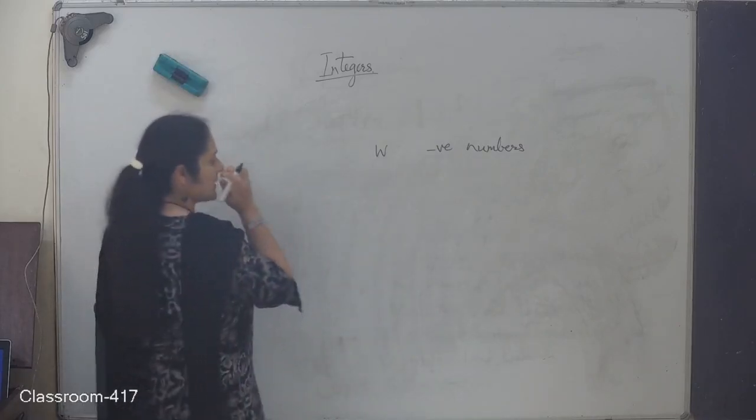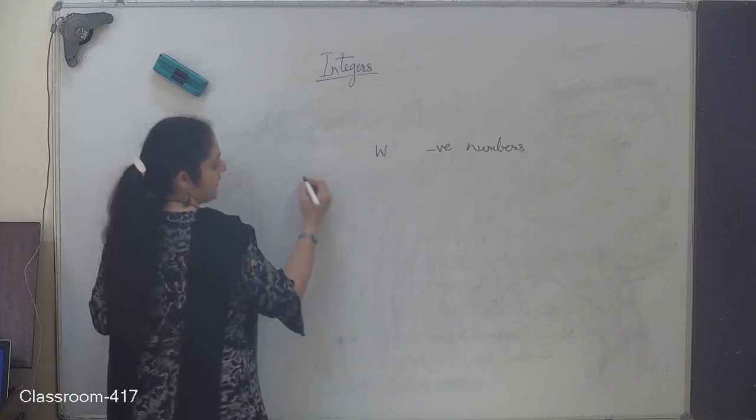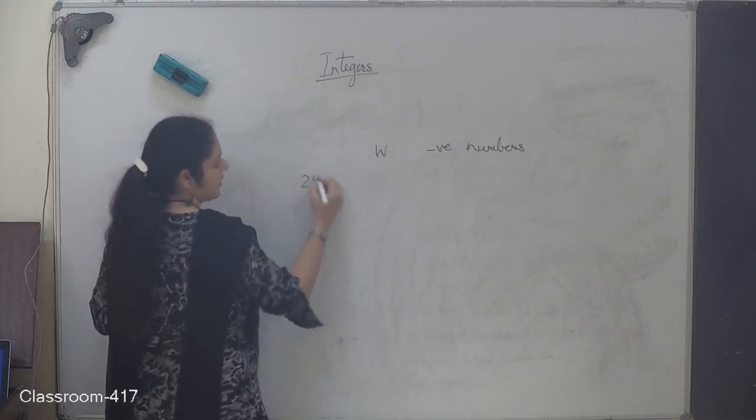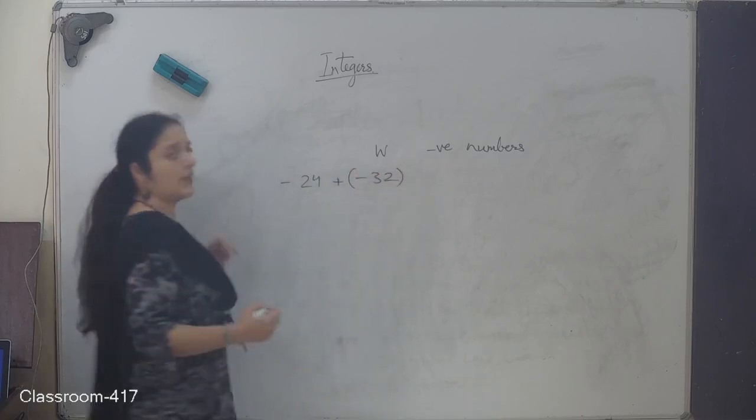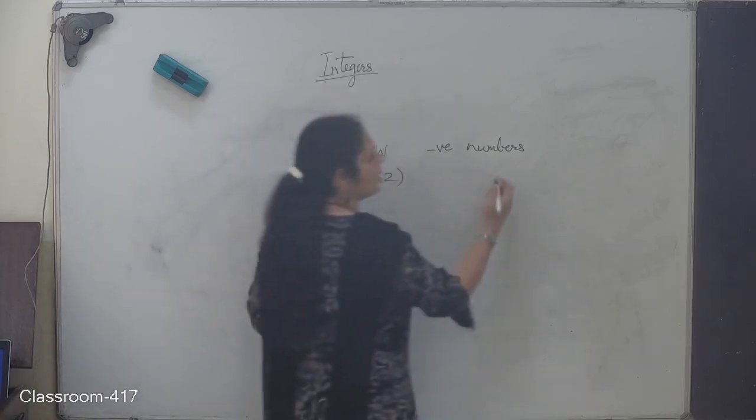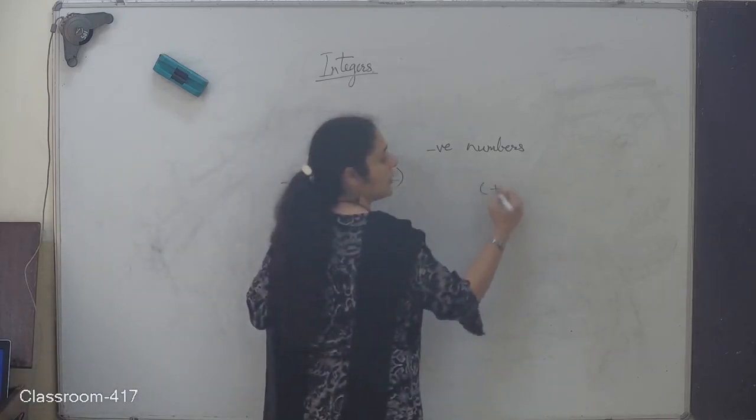We had learned how to, supposing I give you a question like -24 plus -32. Now in 6, please recall, we had learned how to open up a bracket.